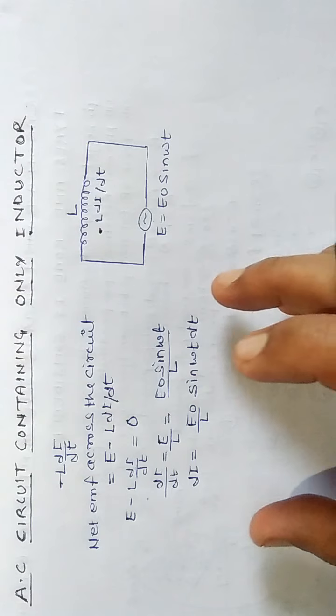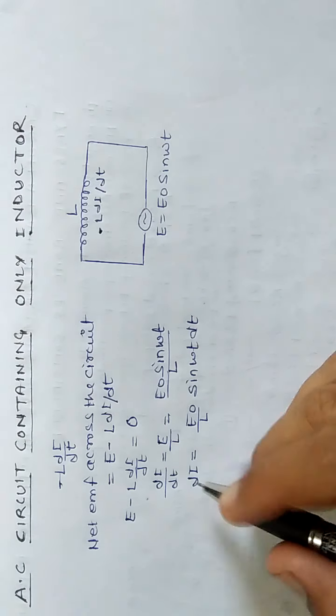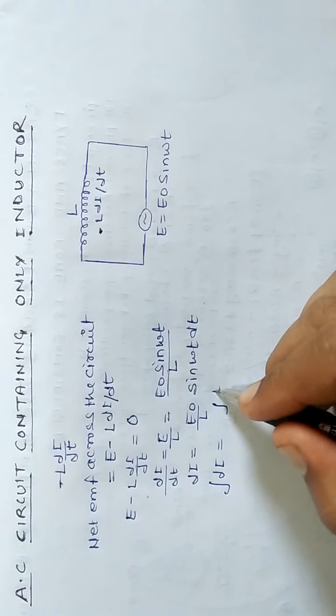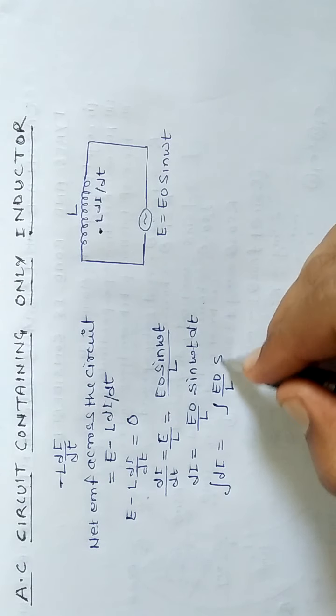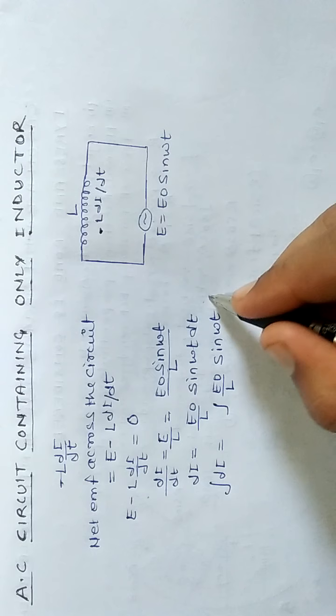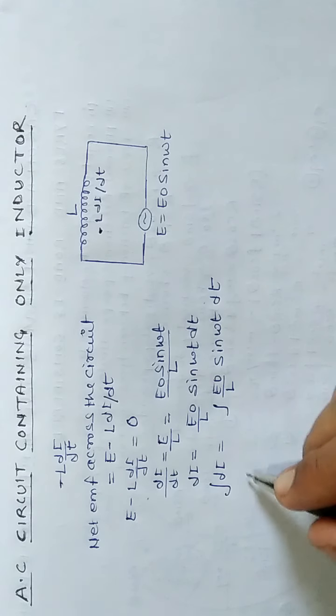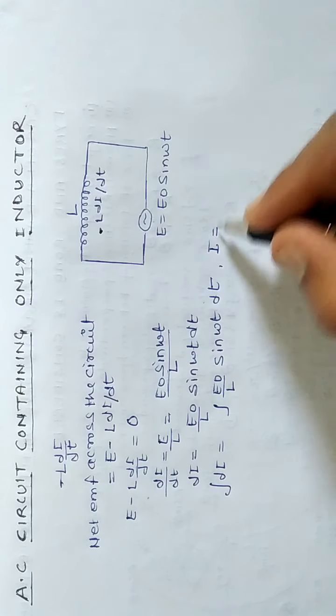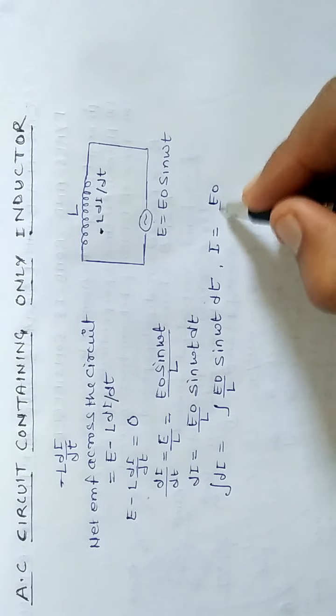Now integrating this equation on both sides, we get ∫di = ∫(E₀/L) sin ωt dt. On integrating di we get I, so I = E₀/L as constant.